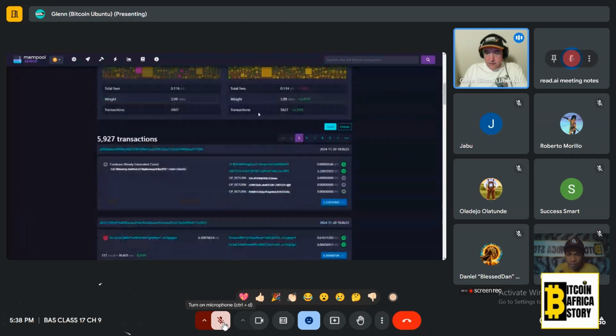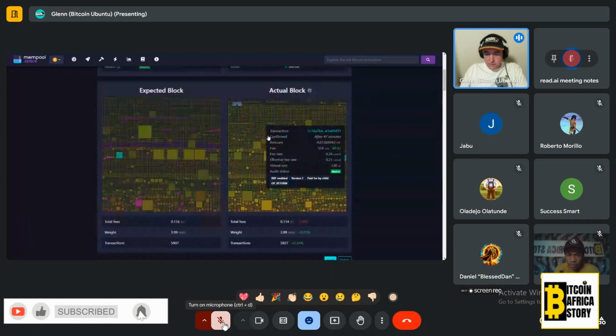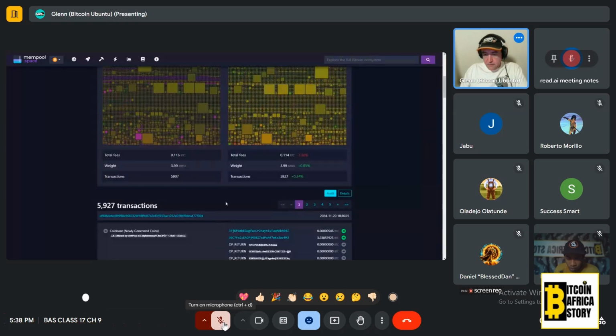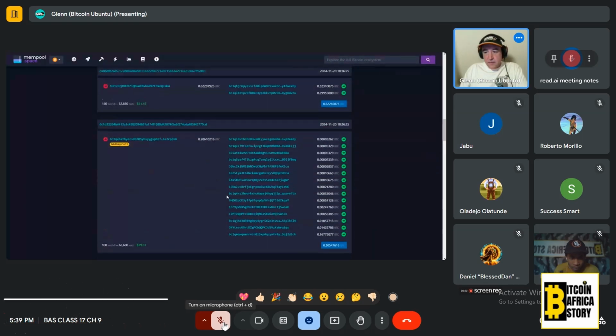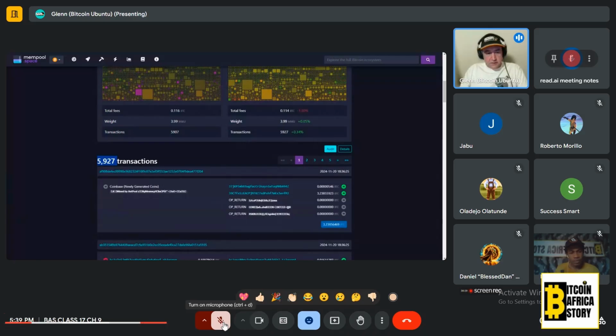And then we can see every single transaction that's in that block. It's all transparent. And we can see it contained 5,927 transactions, and you can go and look at your individual transaction.